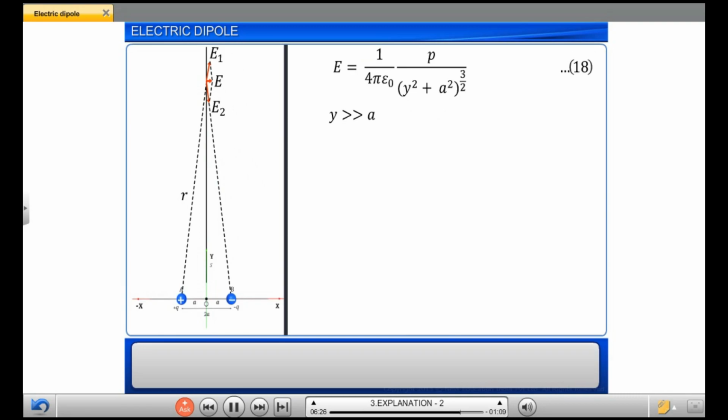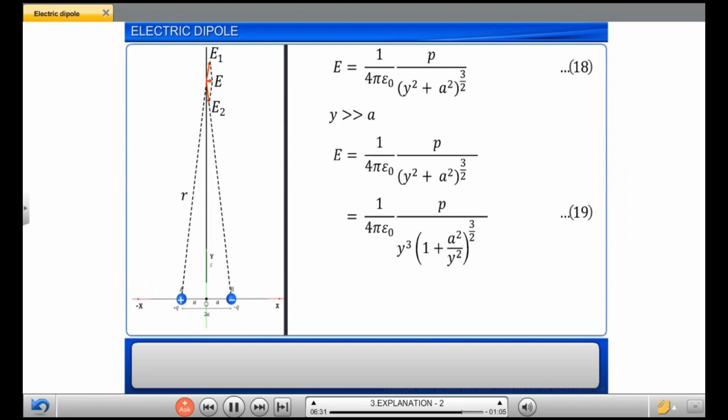Then, writing the expression 18 as in equation 19 and neglecting the term a square by y square for y which is very large as compared to a in equation 19, and on further simplification, we get E is equal to 1 by 4 pi epsilon naught P by y cube. Let this be equation 20.